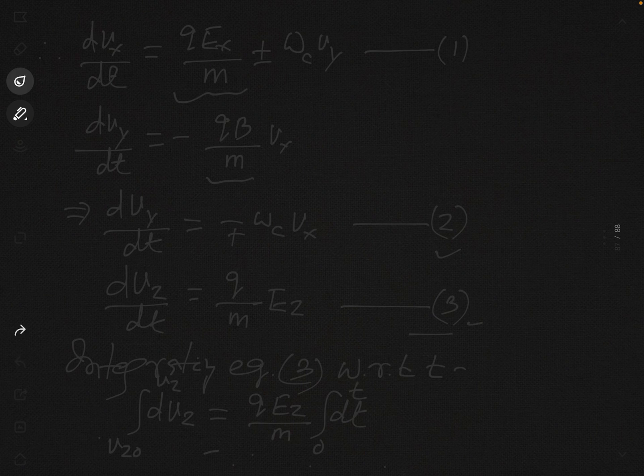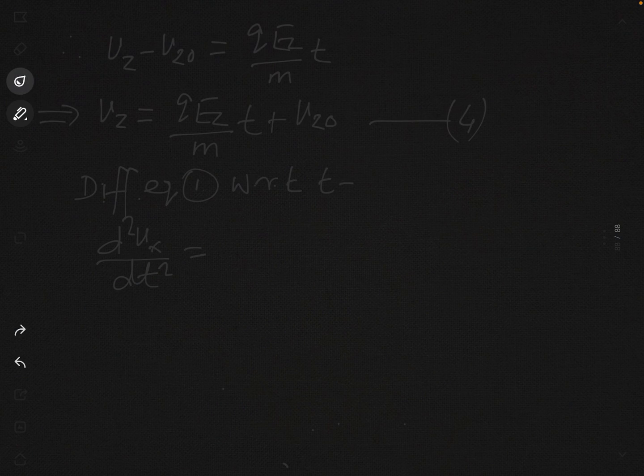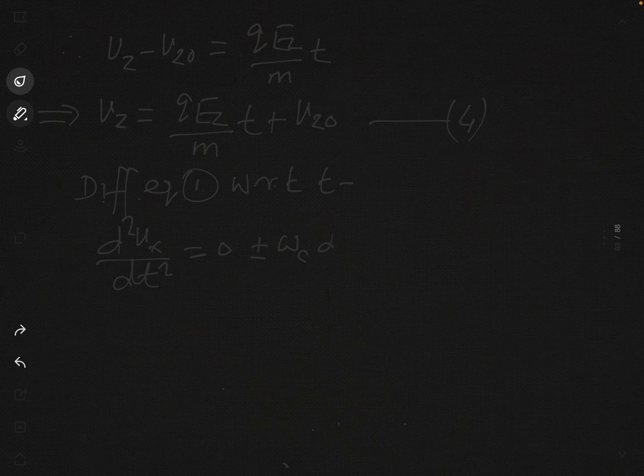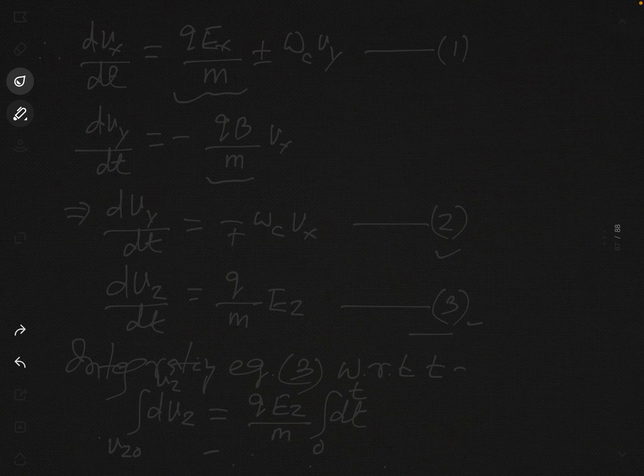So this will be 0 plus minus omega c dVy by dt. Now we will substitute the value of dVy by dt from this equation 2 here.